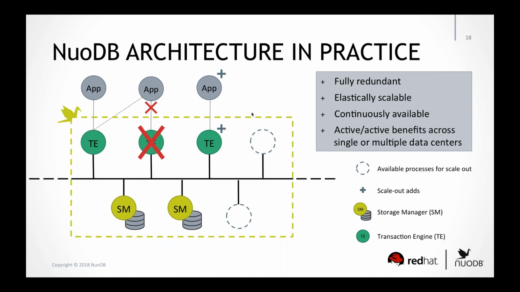As a matter of fact, in banking, the general topology for a mid-range application would be two data centers. Each data center has two availability zones, and each availability zone has one transaction engine and one storage manager, right? And therefore, you have quadruple redundancy. If an availability zone fails, nothing happens. If a data center fails, the system continues to operate, and so forth.